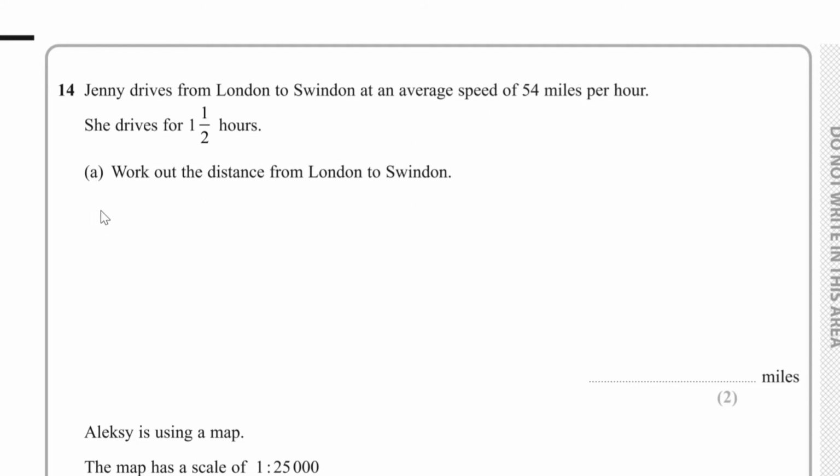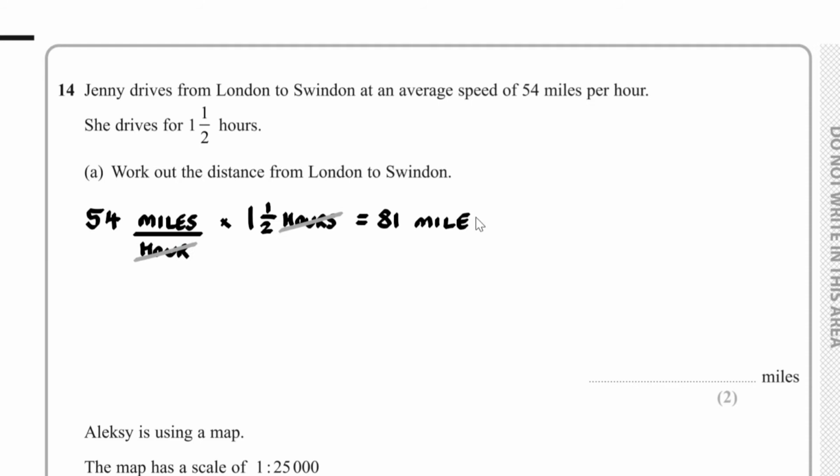Well, what we have is 54 miles per hour, and if I multiply this by 1.5 hours, then what you can think to yourself is the hours units cancel. 54 times 1.5, that's equal to 81. So we have 81 miles.